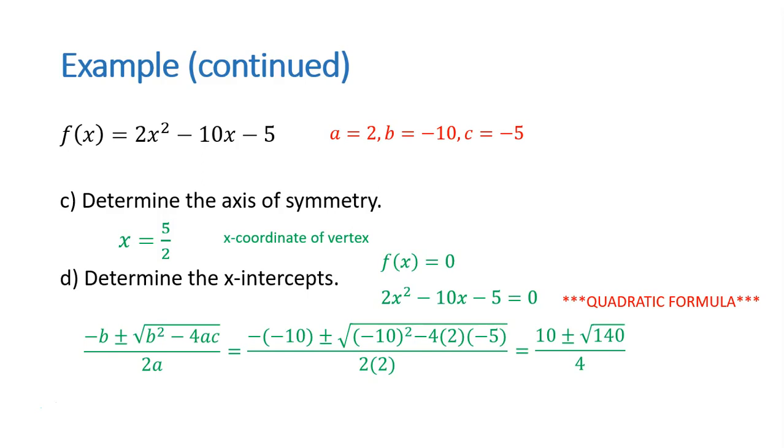So we can rewrite that 140 as 4 times 35. The reason we want to do this is because we can simplify the square root of 4 even though we can't simplify the square root of 35. So essentially we're breaking 140 up into pieces. One piece we can simplify, one piece we can't. So we simplify what we can and we leave alone what we can't.